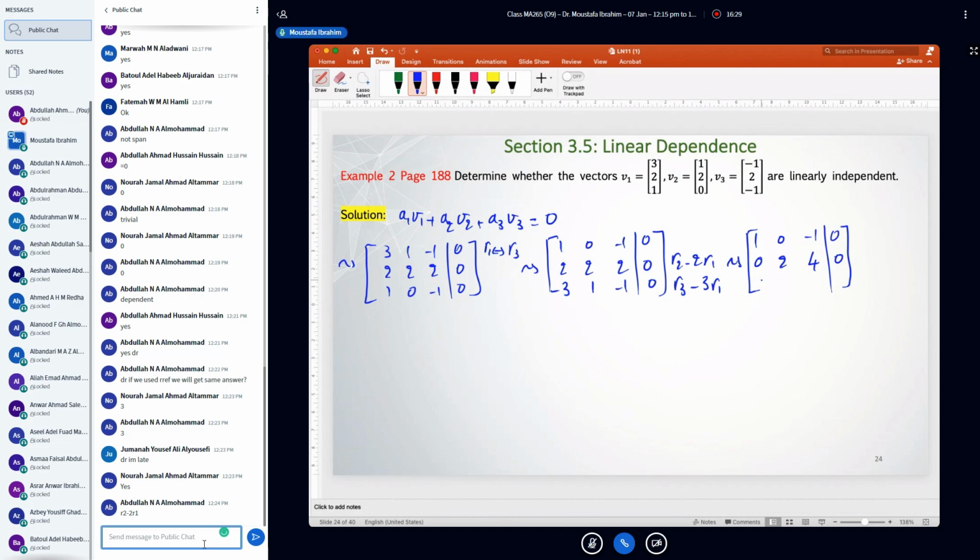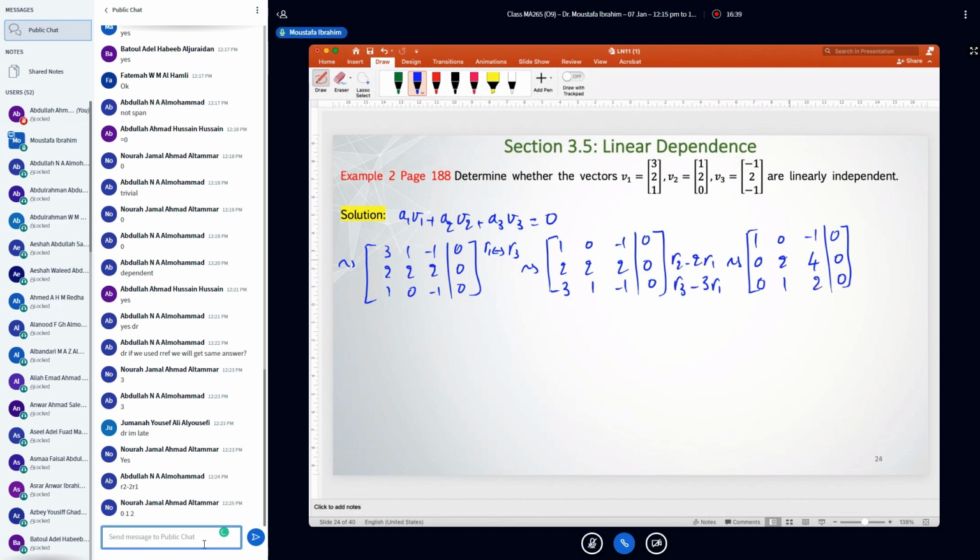And here, what do we have? We have 0, 1, 2, 0.